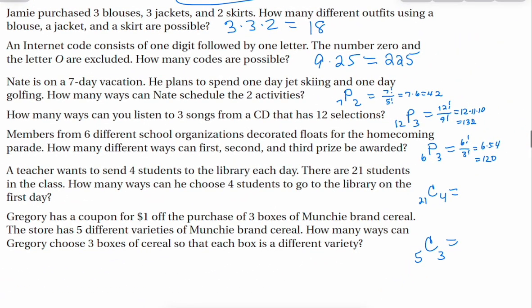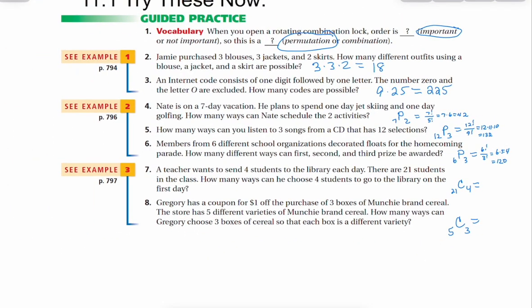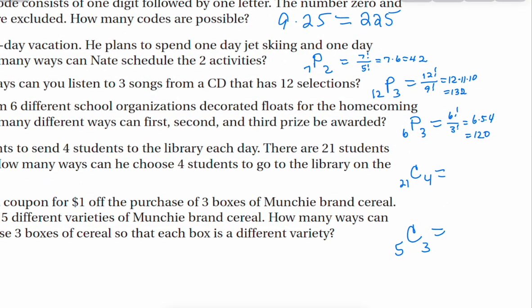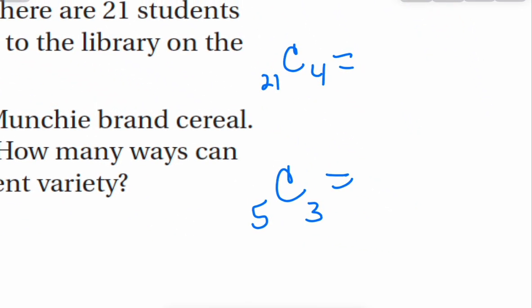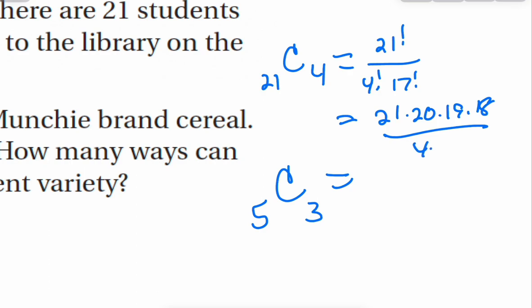Now, those are permutations. For 7 and 8, with the 4 students that go to the library, it doesn't matter the order in which Mary and John and Sue and Tim go to the library. The 4 of them are going in no particular order, so that tells us it's a combination. That's going to be 21 factorial over 4 factorial times 17 factorial, which is 21 times 20 times 19 times 18 divided by 4 times 3 times 2 times 1.